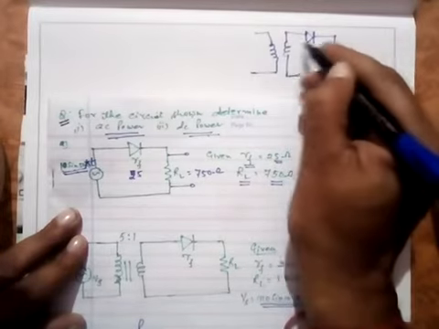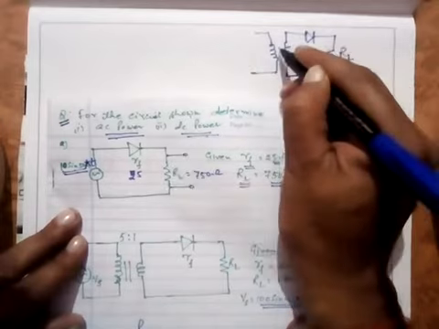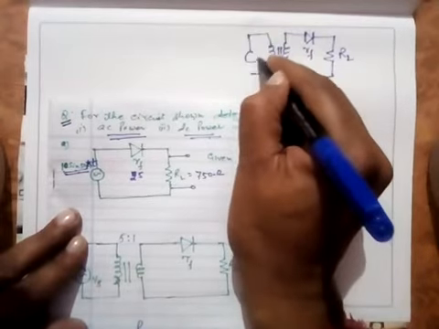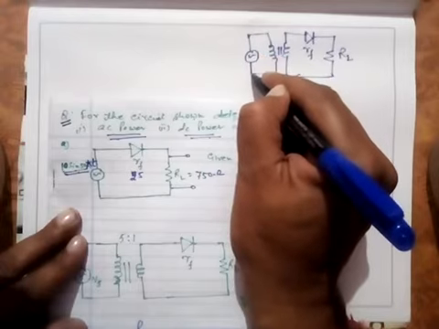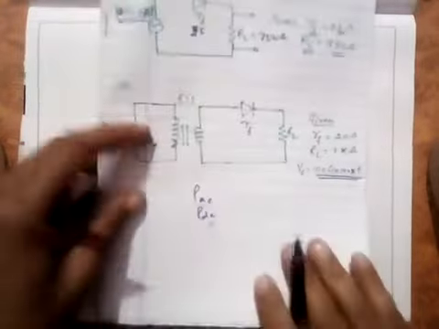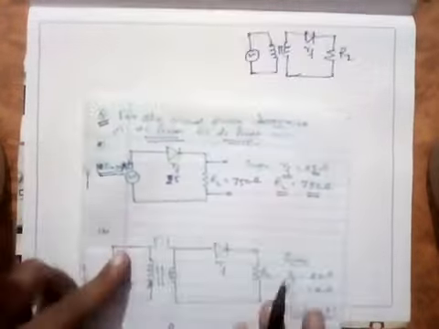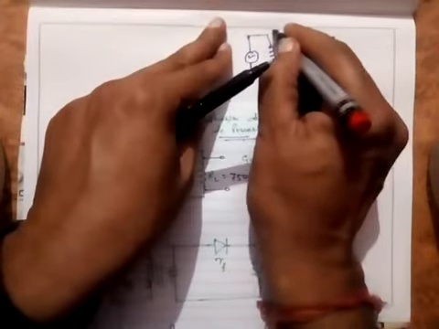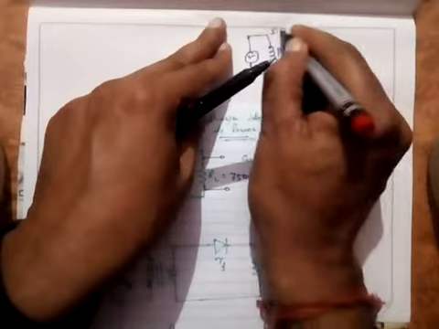This diode has some forward resistance RF. You have this, and an AC signal is applied here. Now look at this. Here it is written 5:1, meaning this transformer has a turns ratio of 5:1.